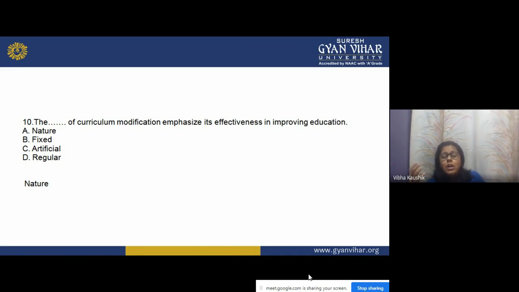Means the nature and the definition of curriculum modification emphasizes giving importance to its effectiveness in improving the education system. Means they are working in improving the education system and to improve in an effective manner. So the correct answer is nature.